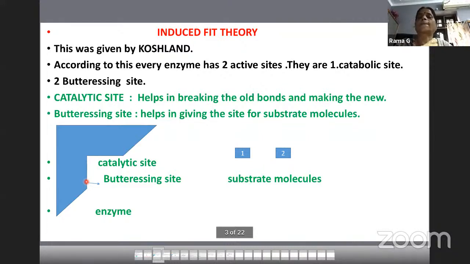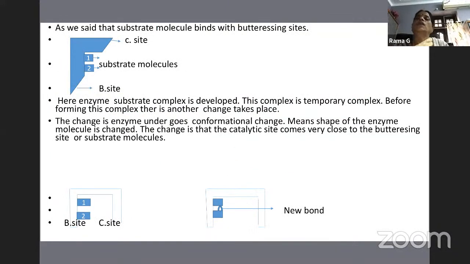Then next, as we said, substrate molecules bind with the buttressing site. Here these are the substrate molecules. They came and attached with the buttressing site, and here is the catalytic site.